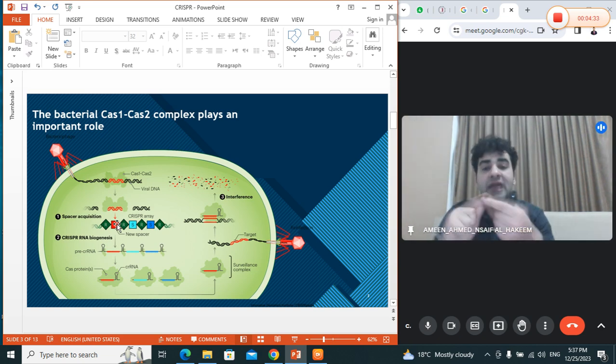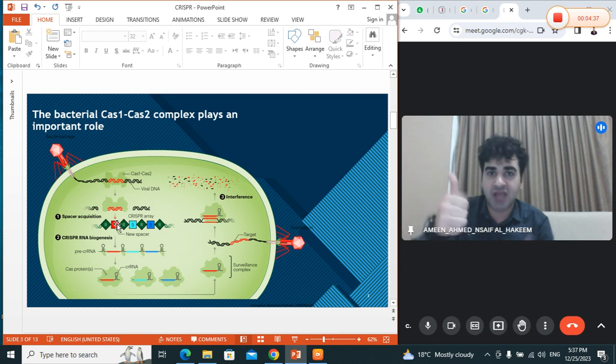So Cas1 and Cas2 are connected together. They work together to maintain the defense mechanism against the bacteriophage. And for more information, Cas1 and Cas2 go to the viral DNA to defend against it. So this is like a target invader.